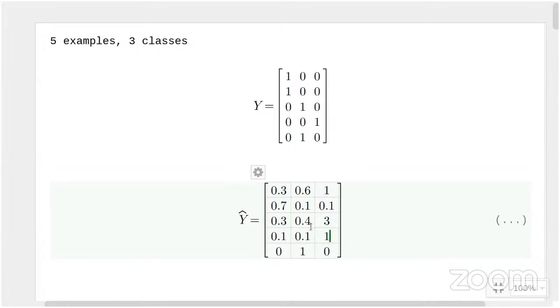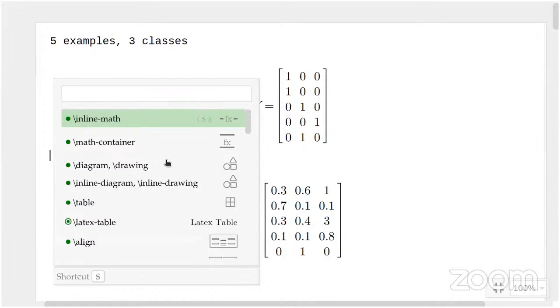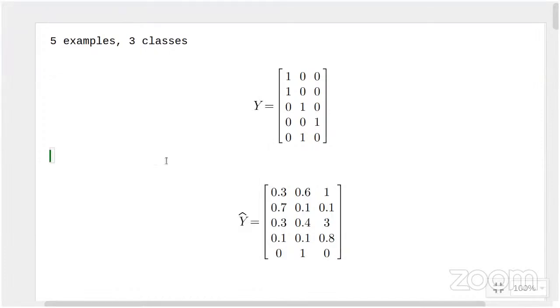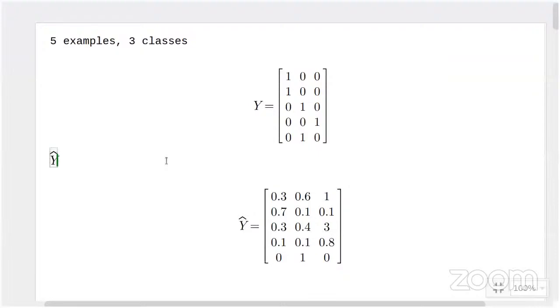So we see 0.3 in the first row, first column. It is the probability of getting 1 in first row, first column. To put it in more practical terms, y hat of 0, 0, using 0 indexing, is the first row, first column.